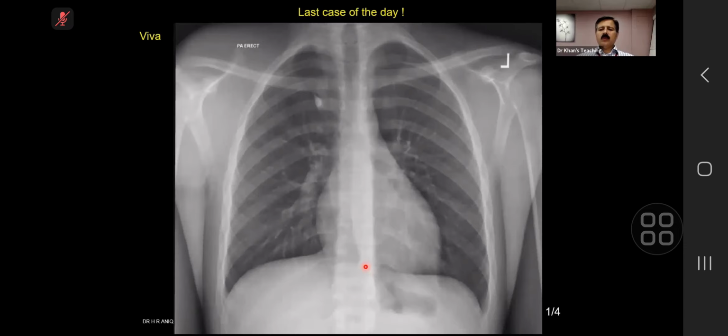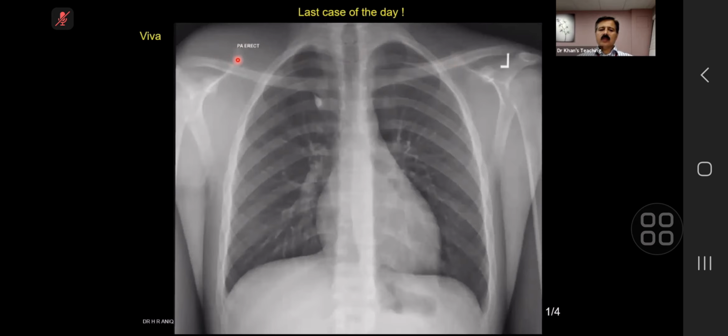So this is a beautiful film for observation. If you see here, look at this soft tissue, and you can see a normal fat plane here. Then you compare it with this, and there is a definite finding. And then you see this scapula versus this scapula.